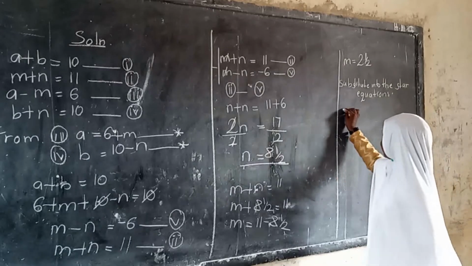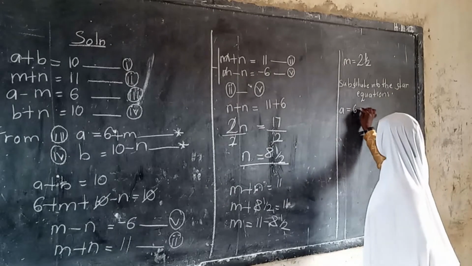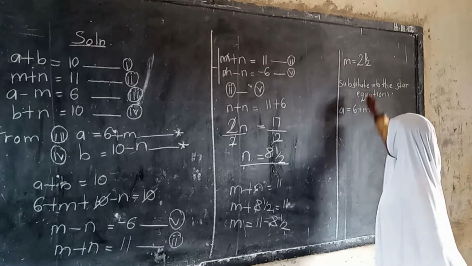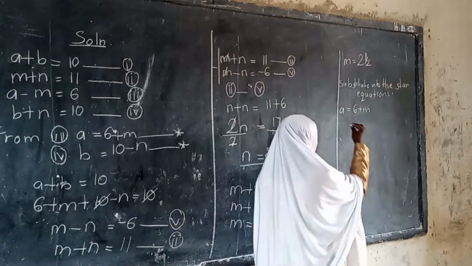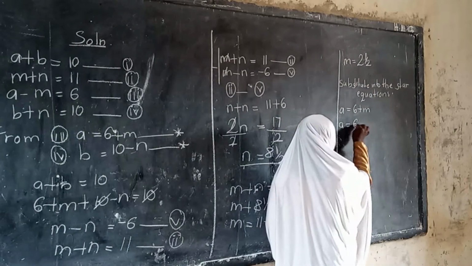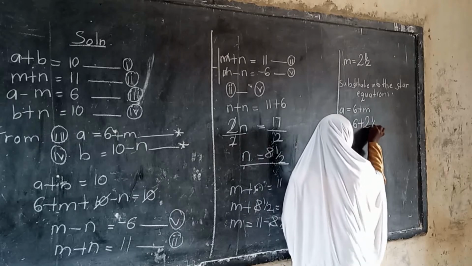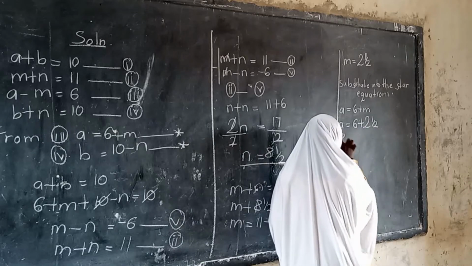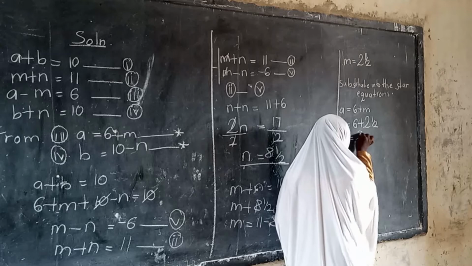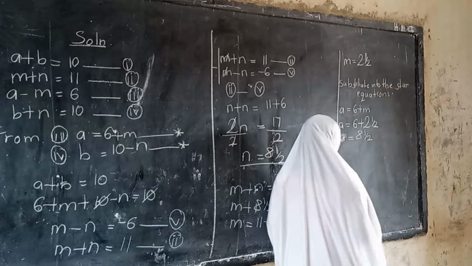The first one is A is equal to 6 plus M. Our M is 2.5. So our A is equal to 6 plus 2.5. A is equal to 8.5.